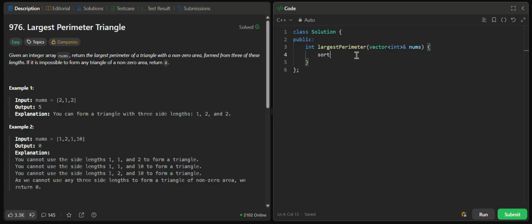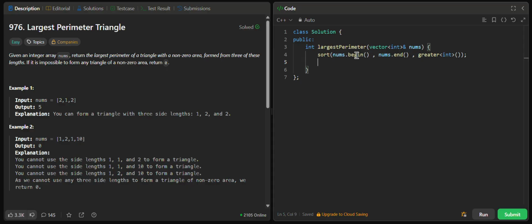So we'll write sort, nums dot begin, nums dot end, and for sorting in decreasing order, we have to write an extra function, which is greater, in this bracket. So we have sorted the array, basically nums, in decreasing order.